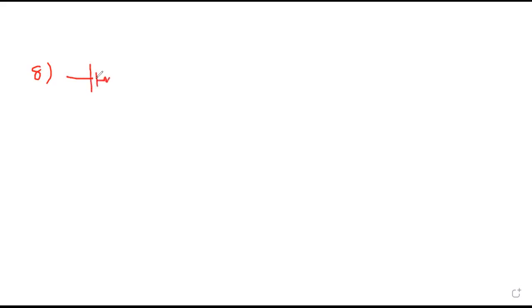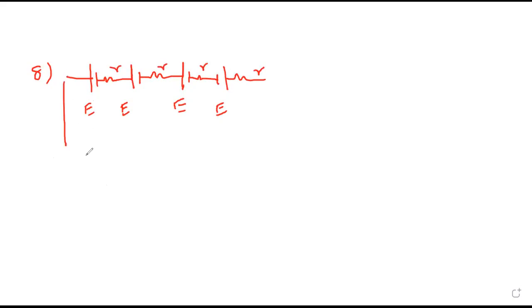So one cell, two cell, three cell, but one cell has its terminal reversed. The battery sends current through a 2 ohm resistance. Then find the current.